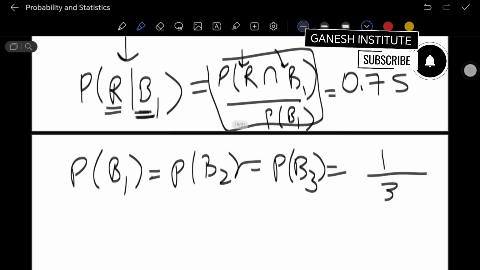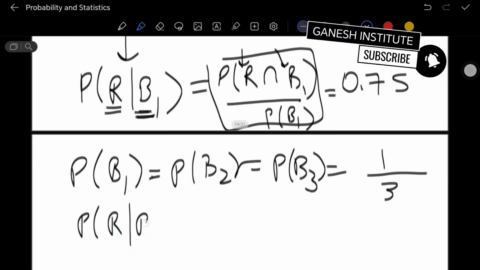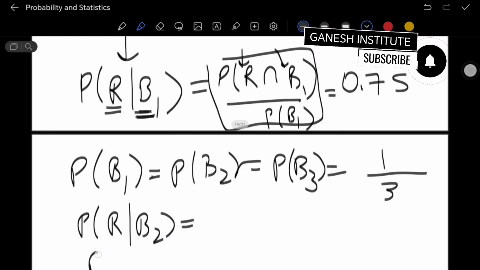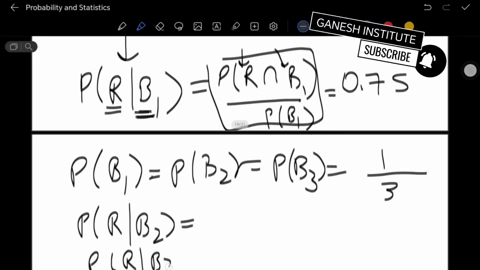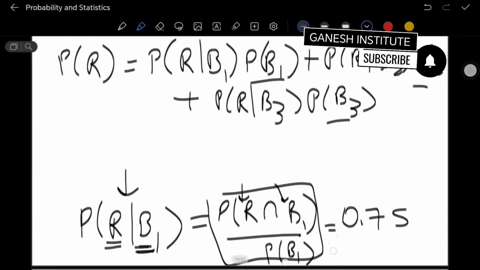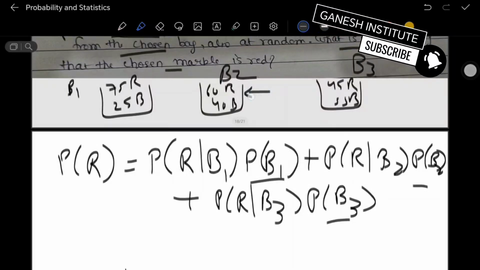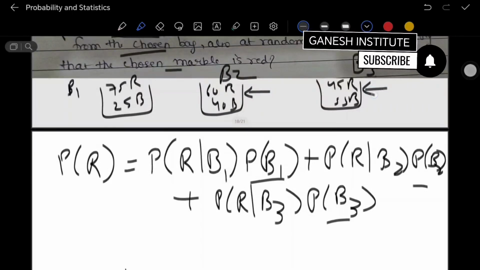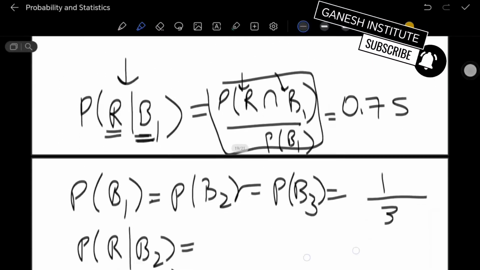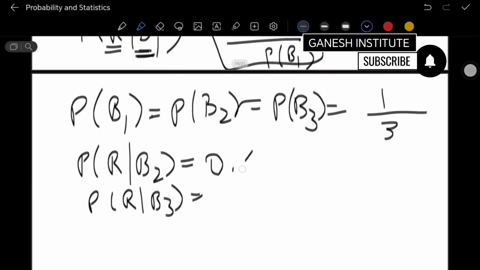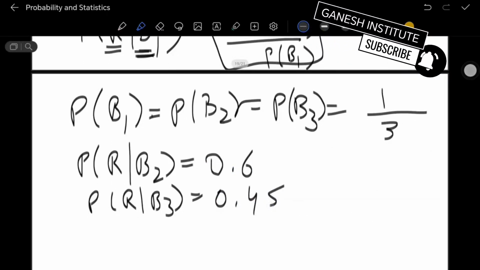Similarly, R given B2, a red marble from bag 2, and a red marble from bag 3. So a red marble from B2 is 60 by 100 and this is 45 by 100. That is 0.60, 0.45, yeah?